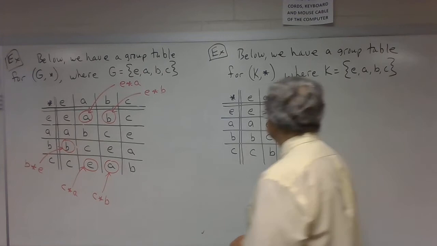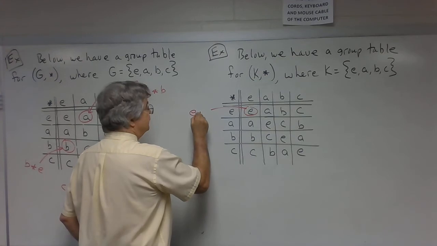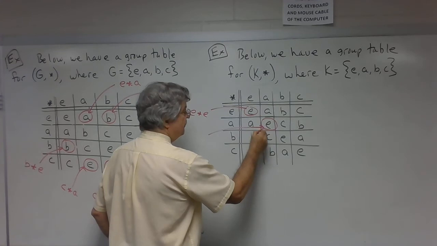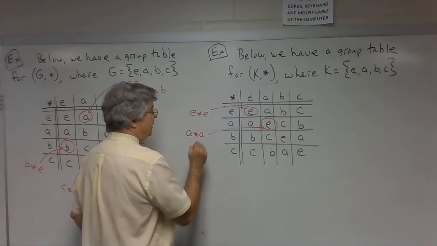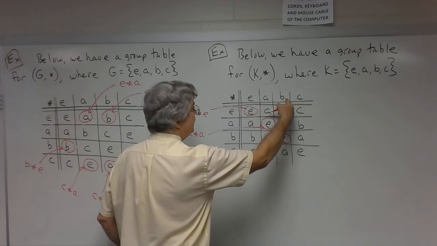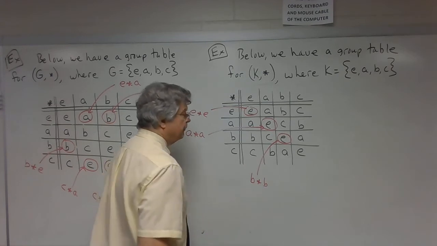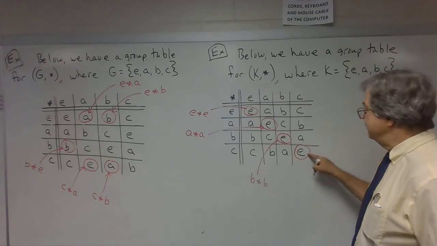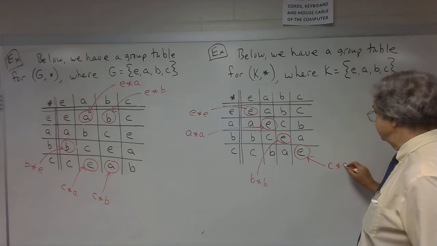So this, of course, is E star E. Since this is in the row headed by A and the column headed by A, this is A star A. Since this is in the row headed by B and the column headed by B, this is B star B. And since this element is in the row headed by C and the column headed by C, this is C star C.